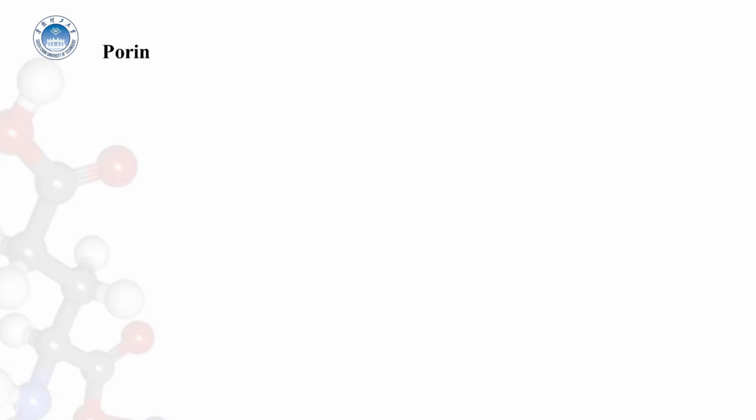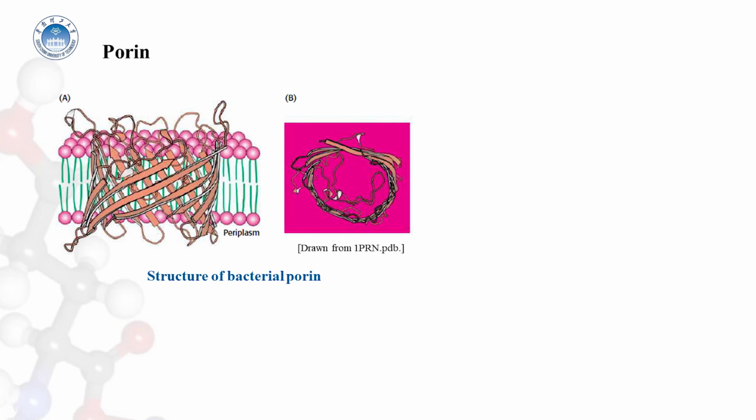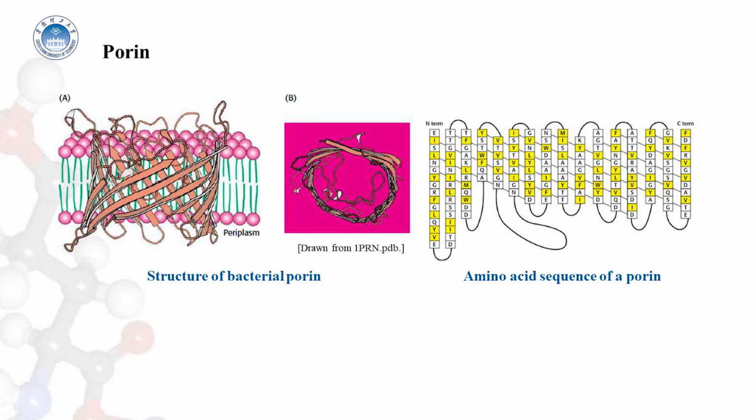Porin, a protein from the outer membrane of bacteria such as E. coli, represents a class of membrane proteins with a completely different type of structure. Structures of this type are built from beta strands and contain essentially no alpha helix. The arrangement of beta strands is quite simple.